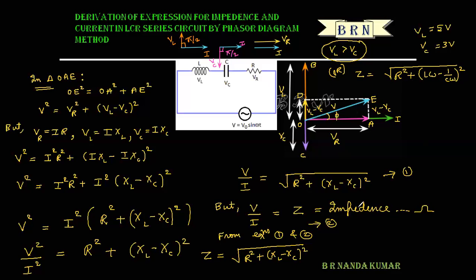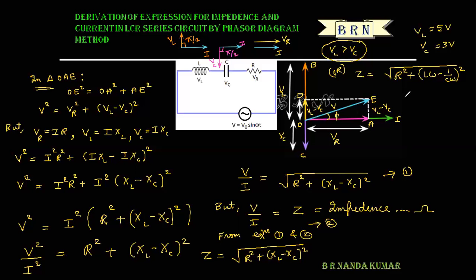Okay, what is the meaning of impedance? Impedance means the effective opposition offered by inductance, capacitance, resistance when they are connected in series to the flow of AC. So that is the meaning of impedance.